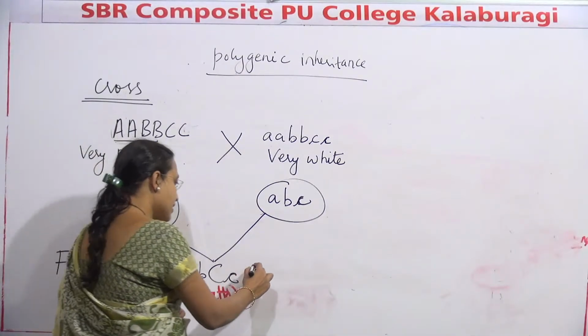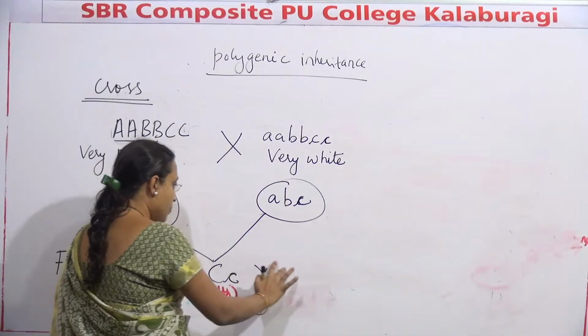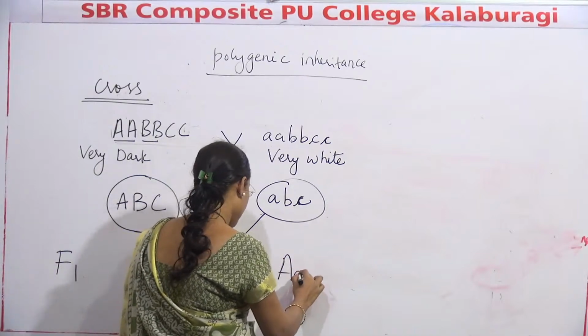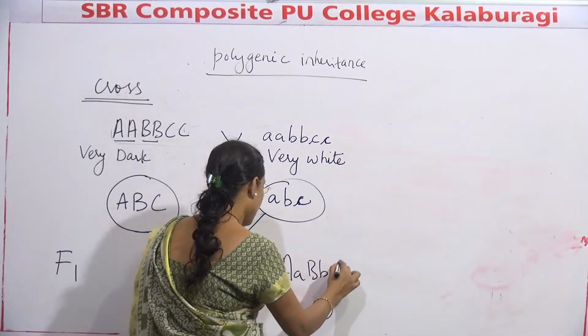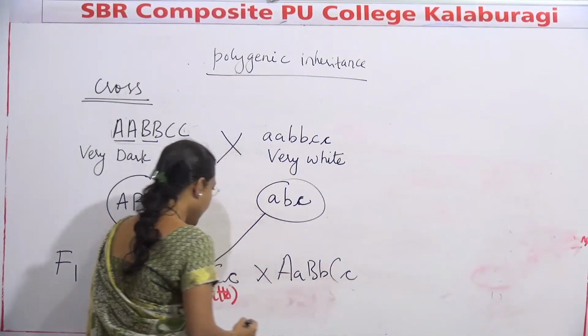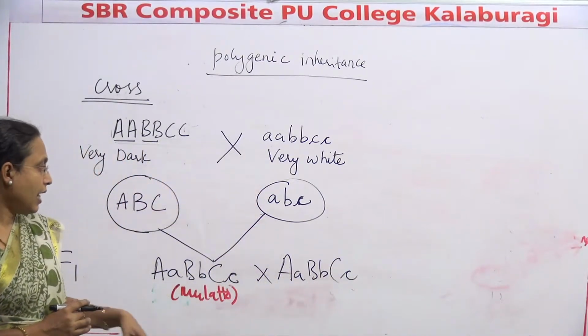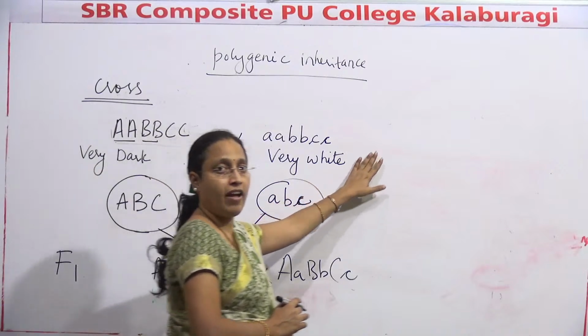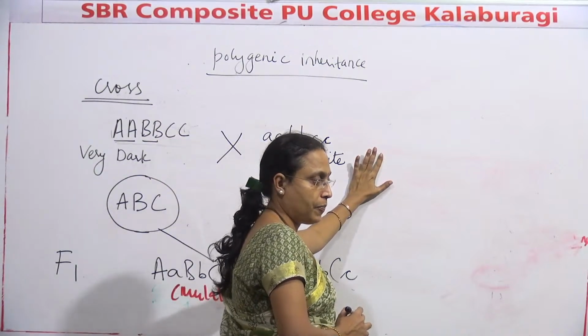Now crossing with the same genotype. If the same genotype is considered here, in animals this will be called interbreeding. Then this will result in the F2 generation. Okay.